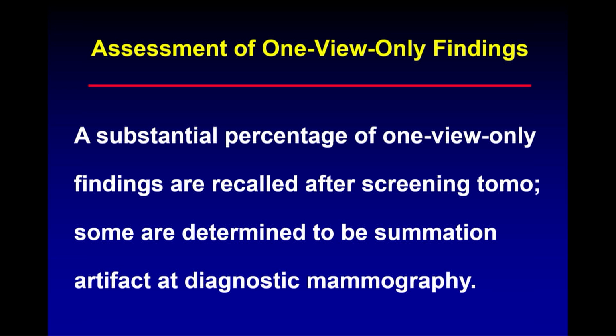Tomo has faked you out. It's not perfect. The two-step method is 100% reliable if you use it correctly. Tomo is not quite that accurate. So when you are recalling a patient at tomo, do not completely eliminate from your mind that this can't be a summation artifact. It can be.